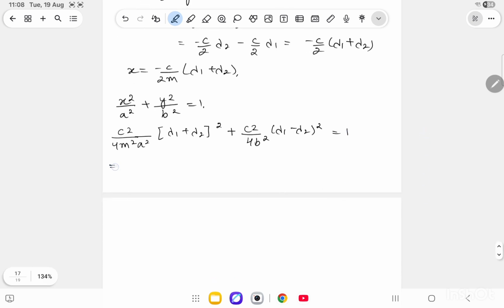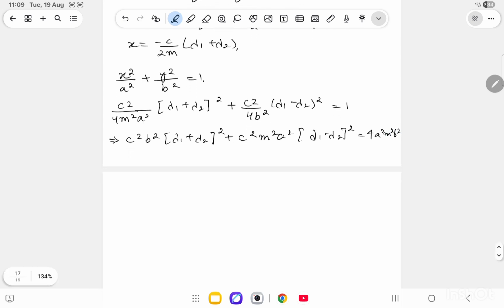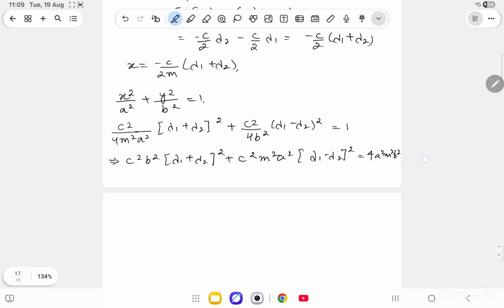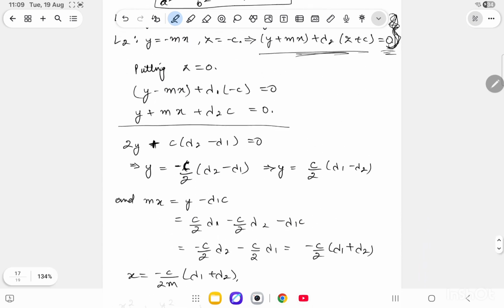If I further simplify it, I'll get c square b square lambda 1 plus lambda 2 square plus c square m square a square lambda 1 minus lambda 2 square equals 4a square m square b square. Now I can just substitute values of lambda 1 and lambda 2 to get the required locus.